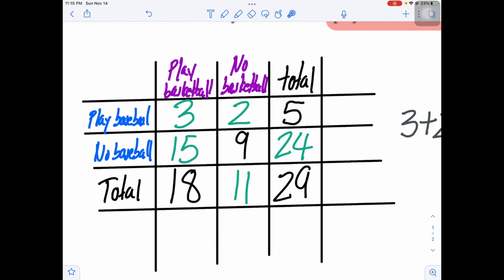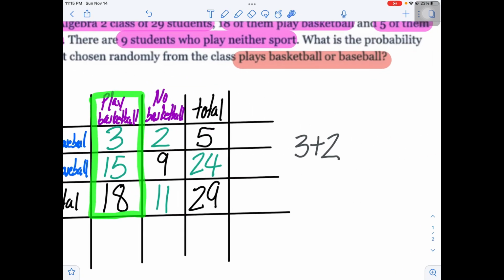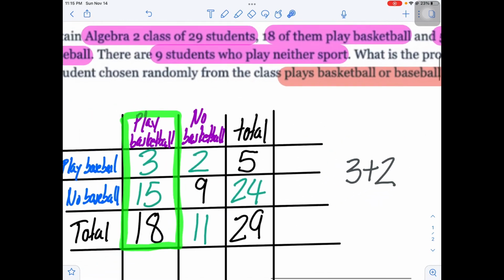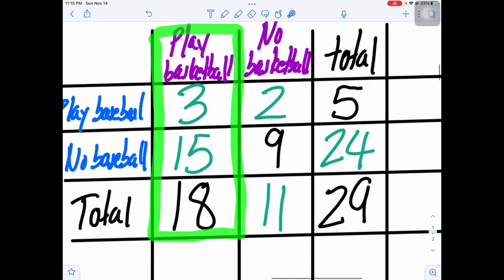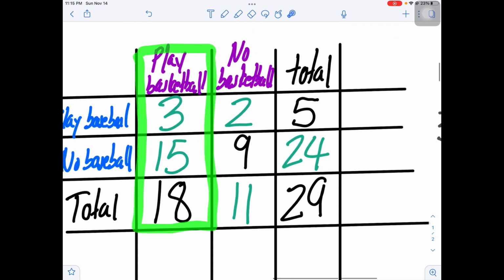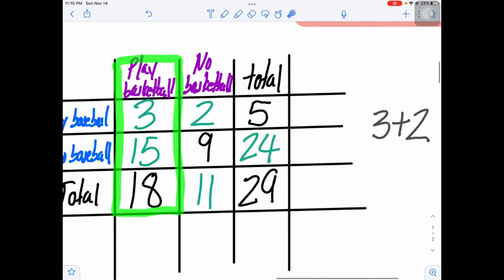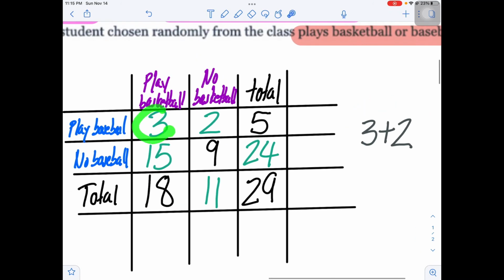You'll see why not. Now, let's say play basketball. Remember, it says play basketball or baseball. So we already took care of baseball. Now let's see play basketball. Now, 3 play basketball. But everyone see this 3 here? This 3 has already been counted right there. These 3 students play baseball, which is missing an L here, by the way. I just noticed it.